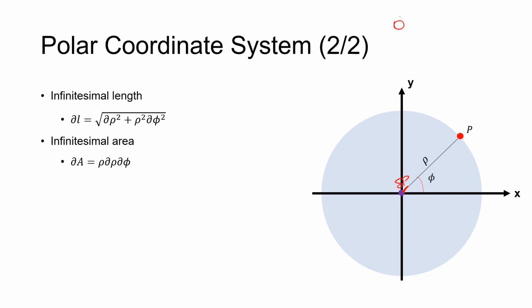So how is phi actually defined? Phi is defined as the arc length, say delta LA, divided by the radius. So delta phi is equal to delta LA divided by the radius rho. And in reality, what changes in length is delta LA.